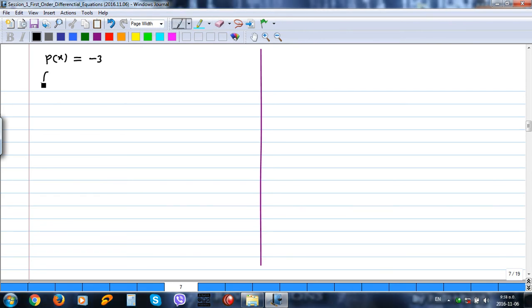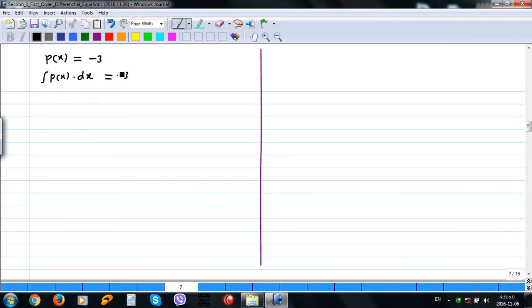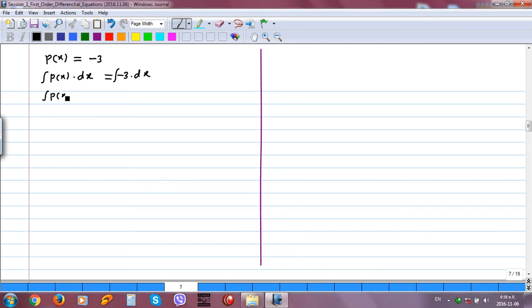So integration of p of x dx equals minus 3, integration of minus 3 dx. So integration of dx means x, so we can write the answer as minus 3x, right? This is the answer.